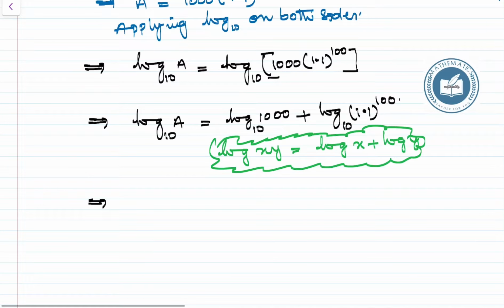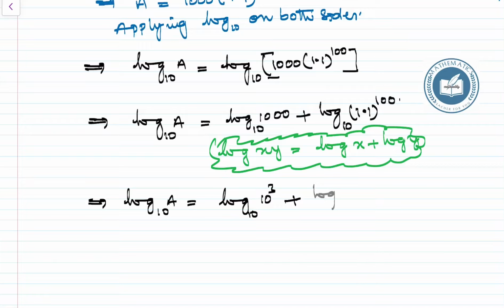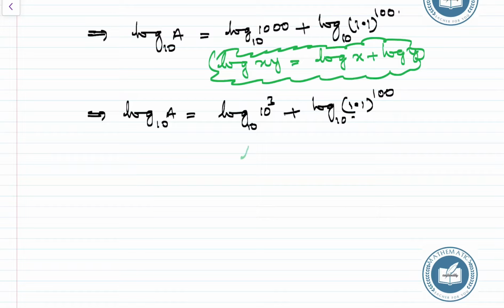Now the next step we can write log A base 10 is equal to log 1000 can be written as 10 to the power of 3 base 10 plus log 1.1 whole to the power of 100 base 10. Here one more formula you can use, that is log a to the power of m base b is equal to m times log a base b.